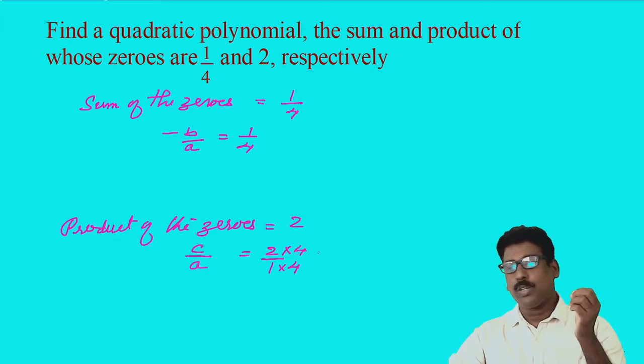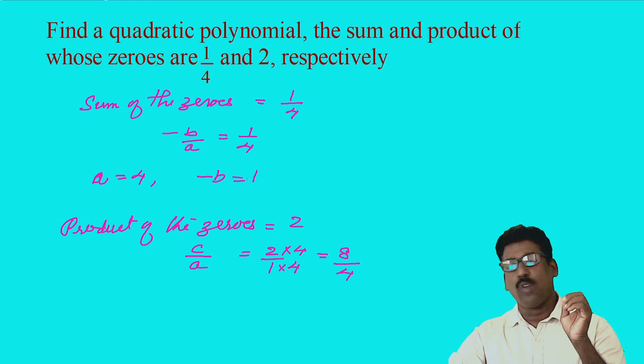So this you can write as 8 by 4. Now here also a you can take it as 4. So now you can write here a is equal to 4, negative b is equal to 1, which implies b is equal to negative 1.